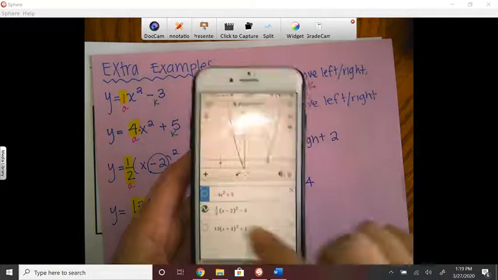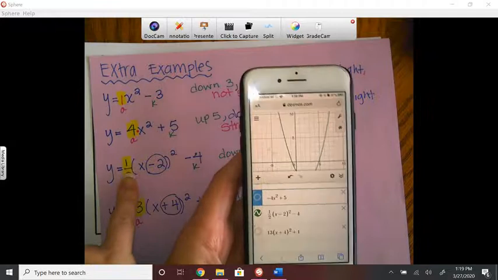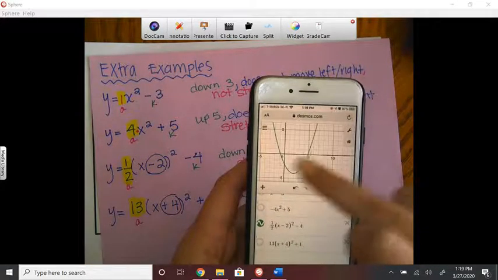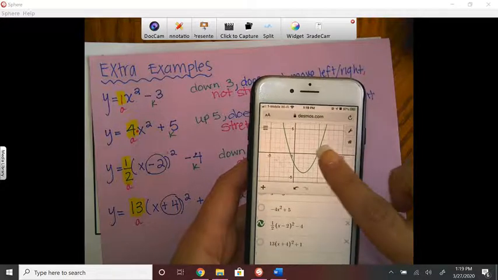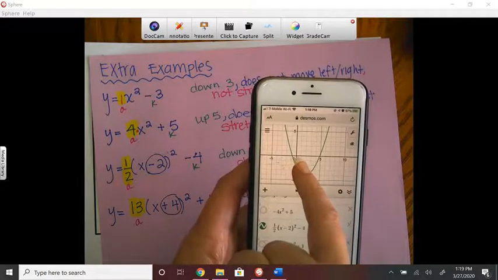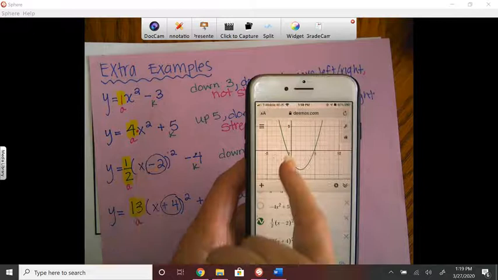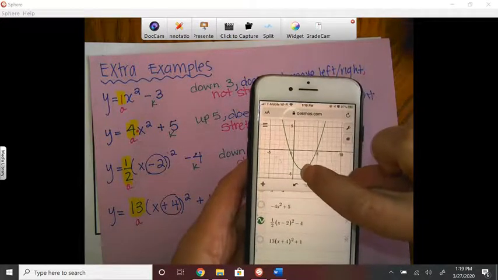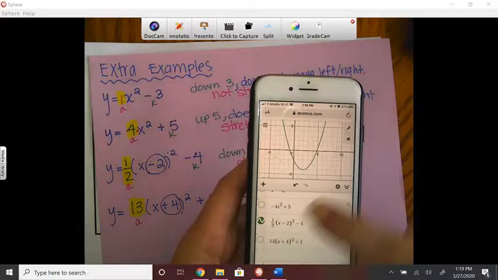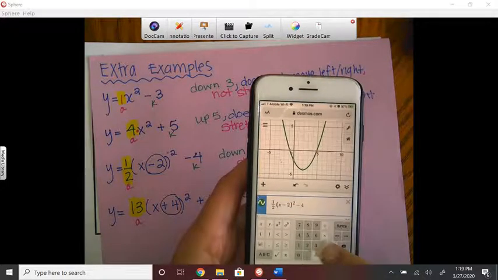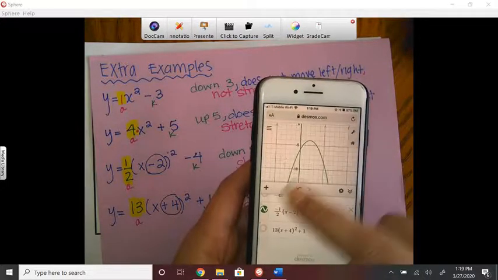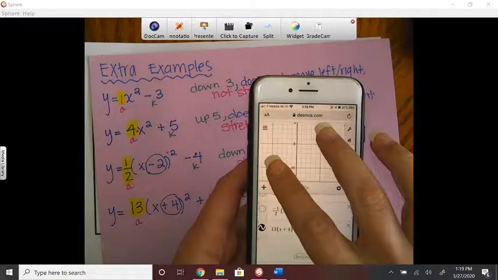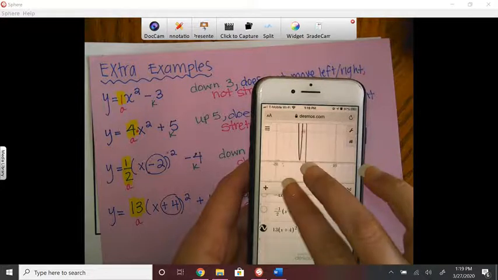Now if we look at the next graph, because of the 1/2, it's a small number, it makes the graph look wider. And you could see that the graph moves to the right 2, because of this -2, and then it moves down 4, the vertex. Again, if we put a negative in front, the graph will go down. And then lastly, that's a big number, the 13. So when we look at this graph, it should look really shrunk.